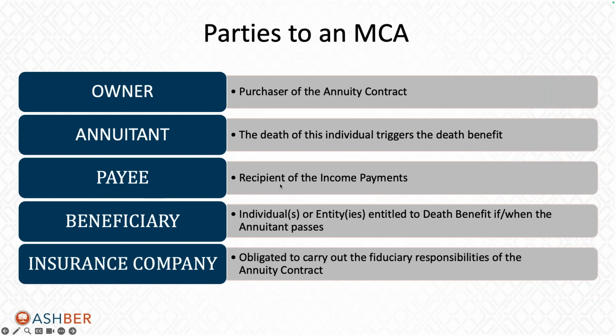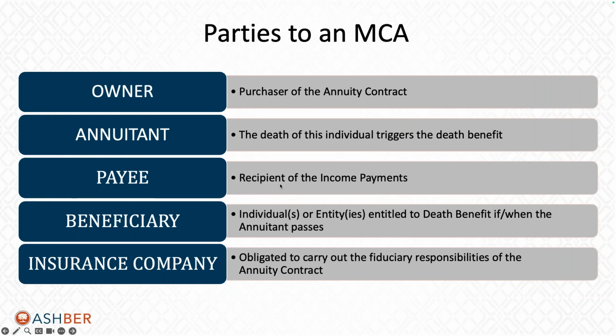The payee is going to be the recipient of the income payments, and the beneficiaries are the individuals or entities entitled to the death benefit if and when the annuitant passes. I know a lot of people get payee and beneficiary mixed up, but the beneficiary is specifically the individuals entitled to the death benefit, and the payee is the one receiving the benefits of the policy.